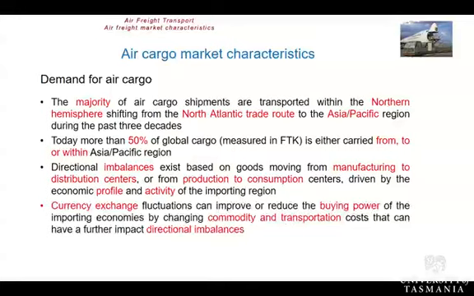Something else that impacts on that directional imbalance, and it can have a positive and negative effect, is this idea of currency exchange fluctuations. I'm not sure if you were watching the news closely on Monday, but we had a serious correction in the stock exchange when China, in response to America's additional tariffs, actually reduced their currency.